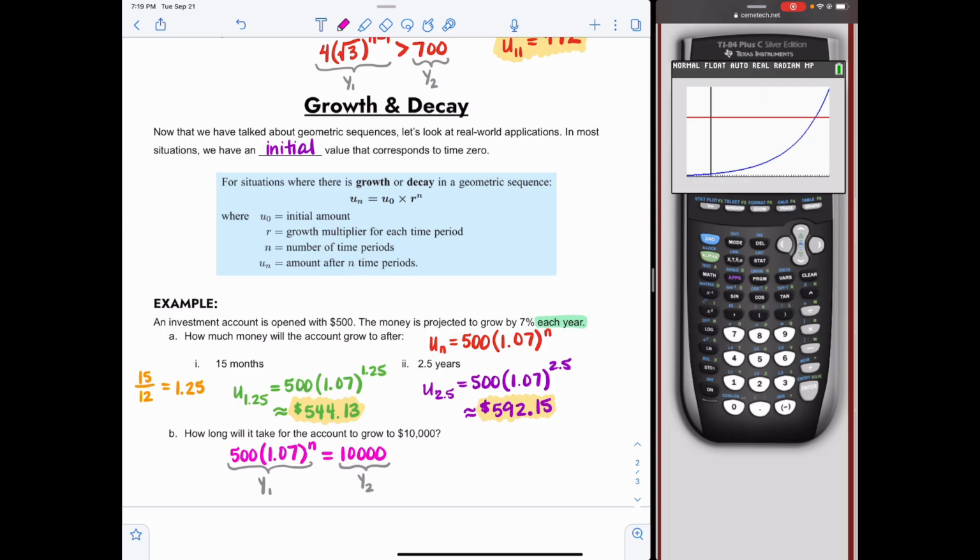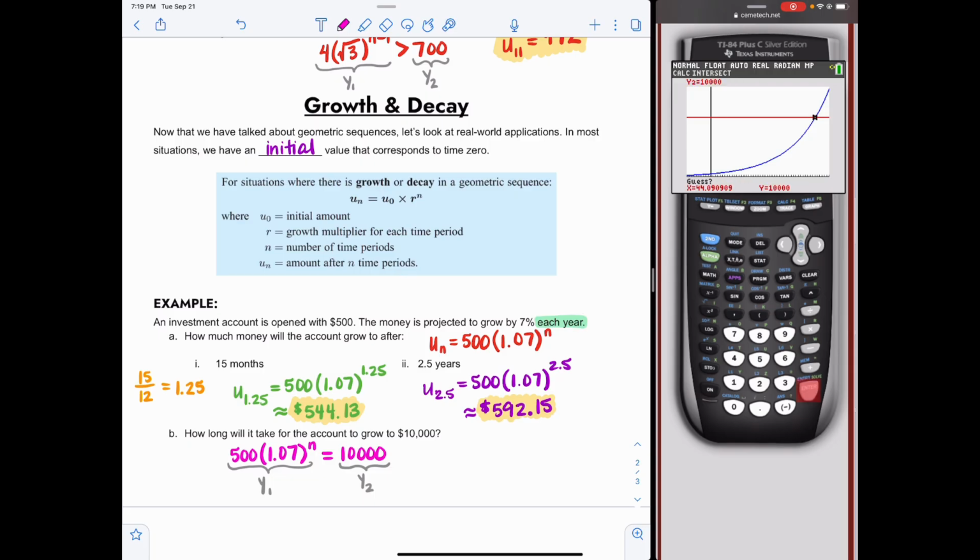So now that I see this intersection, I can press second trace, and then I can scroll until I get the intersection. So I want to get to the intersection before I press enter 3 times. So I'm close to the intersection.